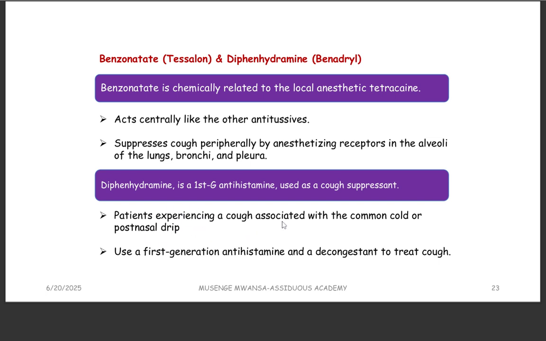Patients experiencing a cough associated with common cold or postnasal drip can be given this first generation antihistamine. Diphenhydramine is used as a first generation antihistamine and a decongestant to treat cough.